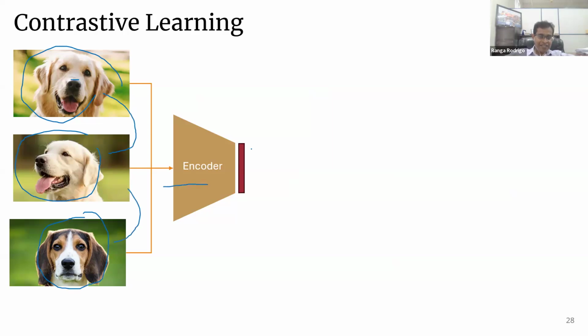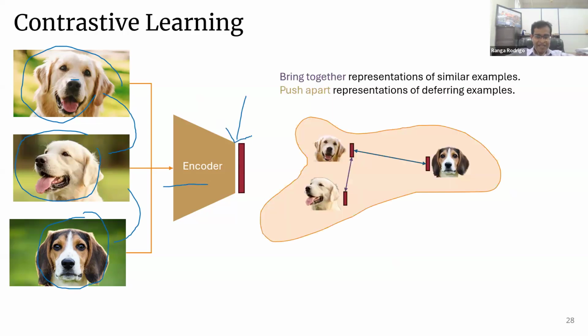So this encoder is there. It generates this vector, or the representation of the image. And in that space, we want to make the golden retrievers come closer, and we want to make the beagles far away from the golden retrievers. So this is the contrastive learning paradigm: bring together representations of similar examples, push apart representations of differing examples.